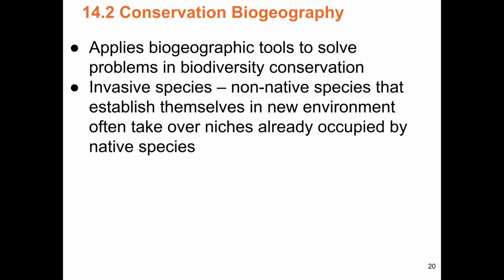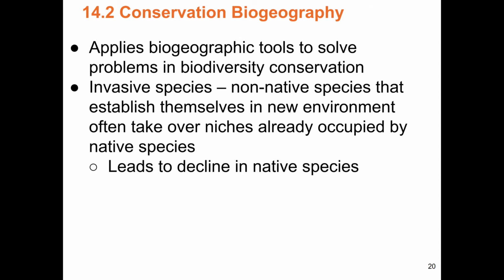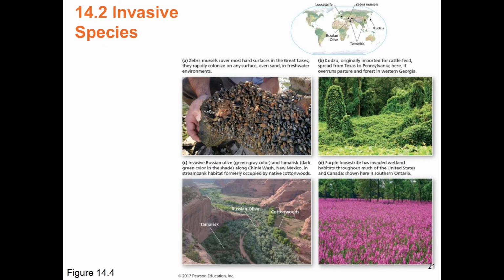There's often a very intimate relationship between the plants and the animals in a region. For example, there's some yuccas that are pollinated by one particular species of moth. If the yucca goes extinct, the moth goes extinct. If the moth goes extinct, the yucca goes extinct. So invasive species, something that conservation biogeographers would study.